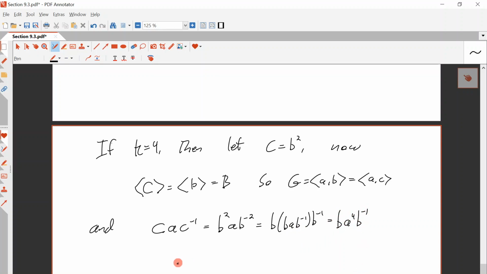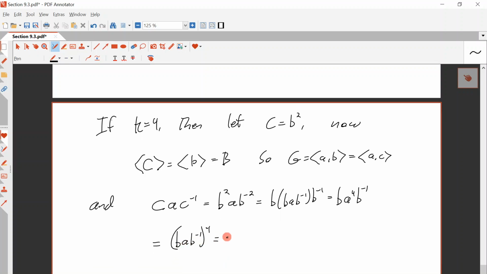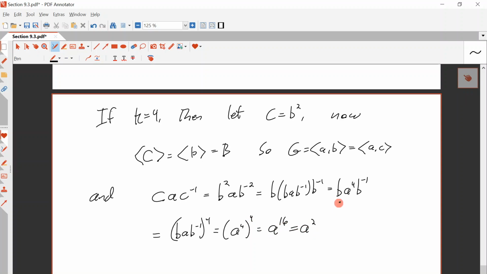So that's equal to B inverse to the 4th. This is A to the 4th again, A to the 4th to the 4th, so that's A to the 16th, which is A squared.